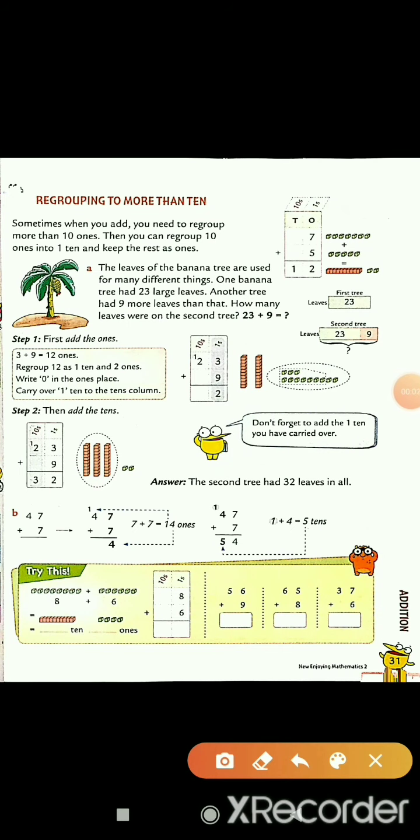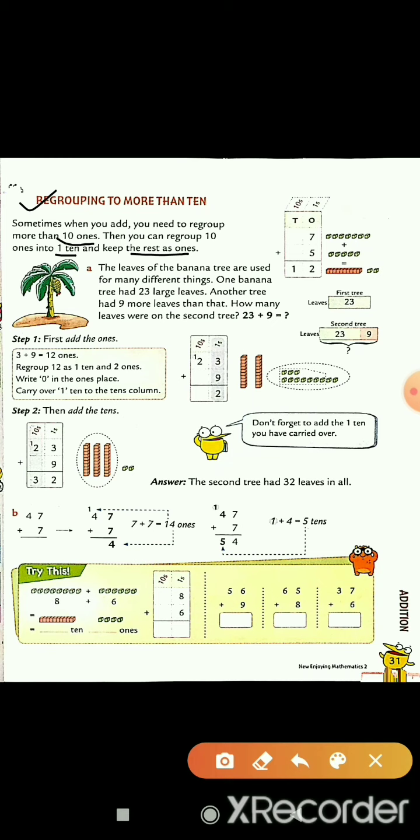Students, now let us start with the next topic: regrouping to more than 10. Sometimes when you add, you need to regroup more than 10 ones. Then you can regroup 10 ones into one 10 and keep the rest as 1.